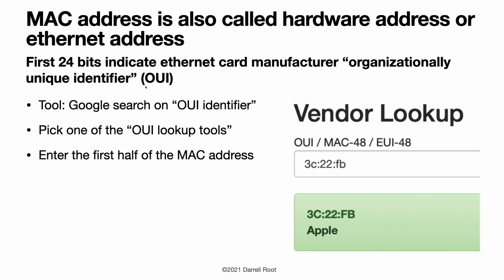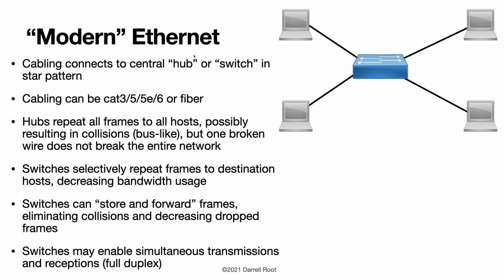So if you Google search on OUI identifier and pick one of the OUI lookup tools, you can find a web interface where you can type in the first 3 octets, the first 24 bits of the MAC address, and it will tell you the manufacturer of that Ethernet card. In this case, the manufacturer of the Ethernet card is Apple.